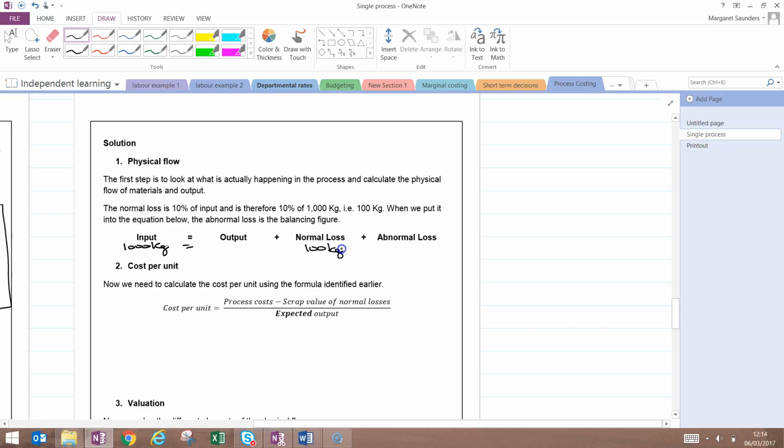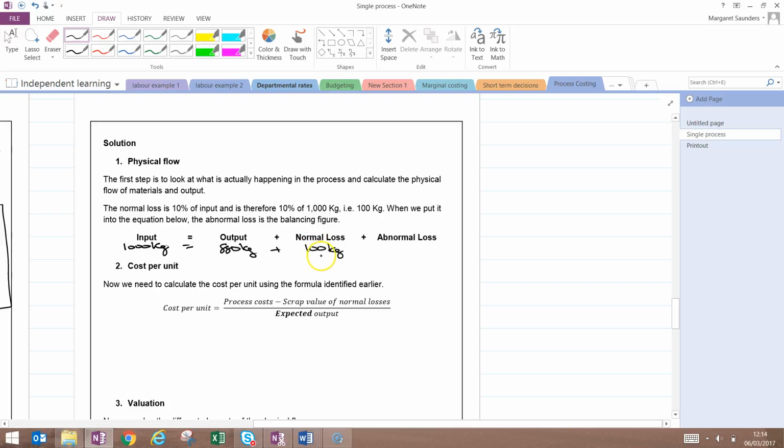10% of 1,000 is 100. We were also told what our output was. It was 880 kilos. So does it add up? 1,000 kilos went in. So far we know that there were 880 kilos output and 100 kilos normal loss. So that's 980. So we're 20 kilos missing.